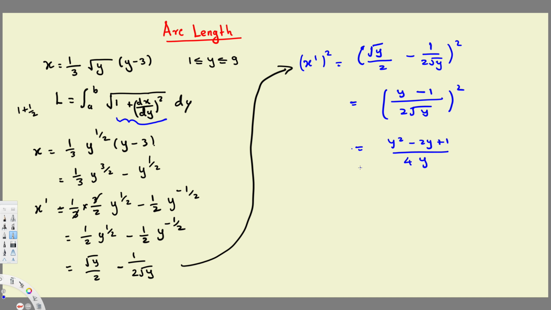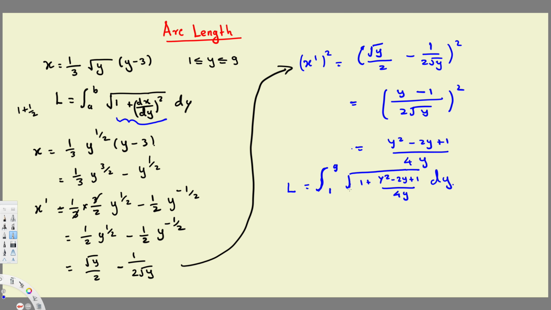Now all you have to do is plug it into this equation: L is equal to the integral from a to b. The limits of integration they have provided already, that's 1 to 9. So L is the integral from 1 to 9 of the square root of 1 plus (y squared minus 2y plus 1) over 4y, dy.